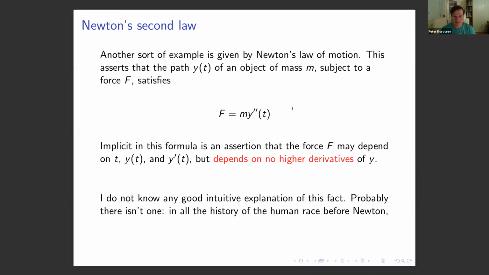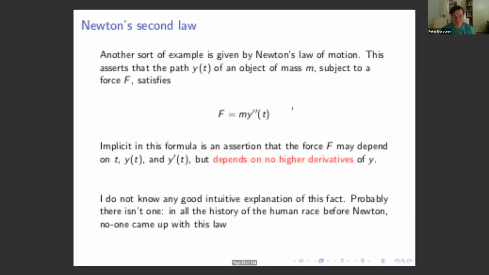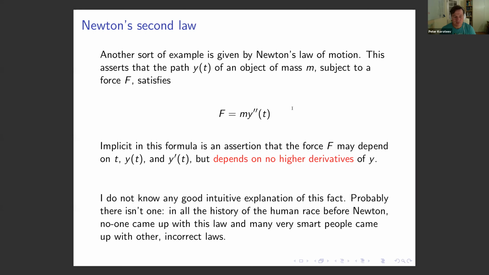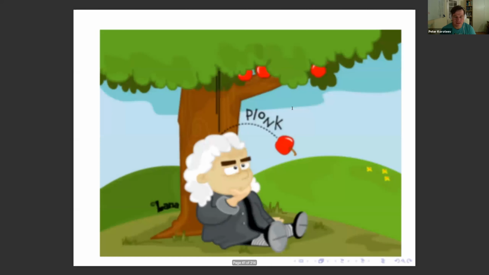Just as a joke, in all the history of humans before Newton, no one came up with this law, and many very smart people came up with other incorrect laws. Yeah, so this is how the world works. He spent a lot of time pondering under the apple tree, and then he got hit by an apple, which allegedly encouraged him to think about the laws of motion.